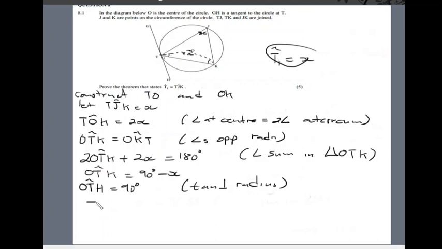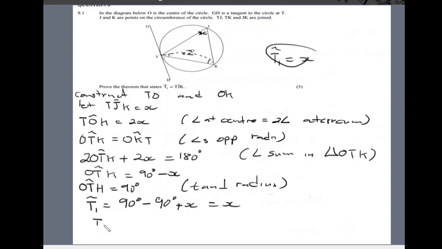So T1 will be OTH, which is 90, minus OTK, which is 90 minus x. So it's 90 minus 90 minus x, which is plus x. So T1 is equal to x, right?